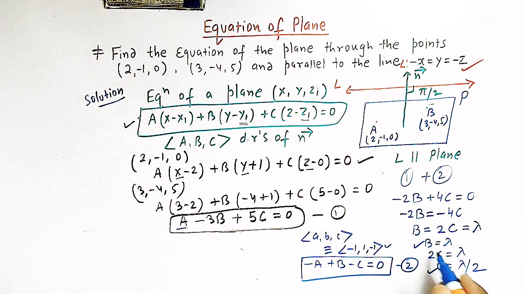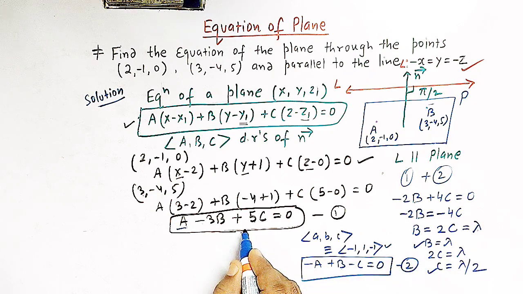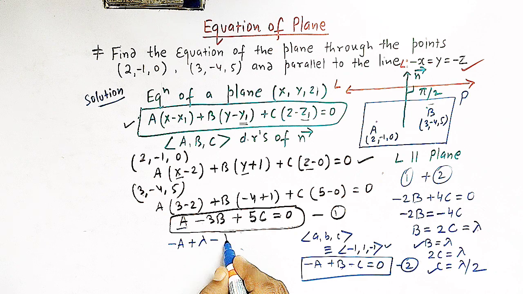So let us substitute b and c in any of these two equations to get the value of a in terms of lambda. Right, so we can take this equation number 2. So here we have minus a, b is lambda, and minus c is lambda over 2, and this is equal to 0.